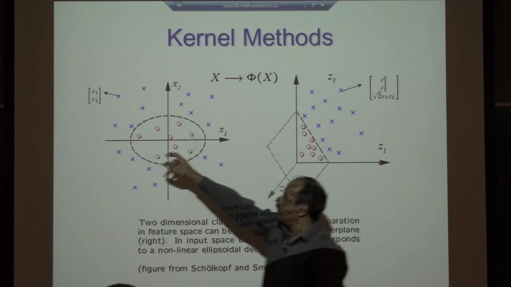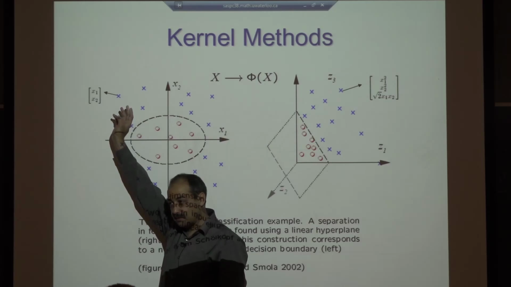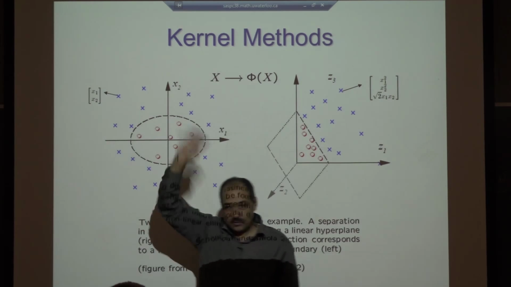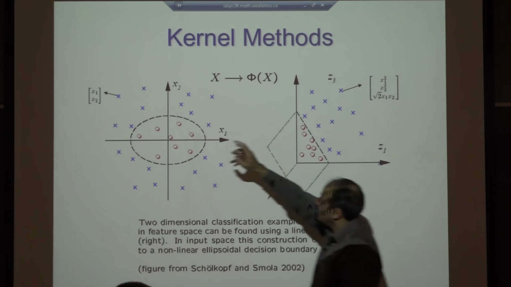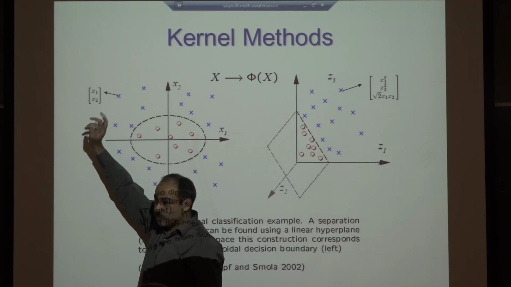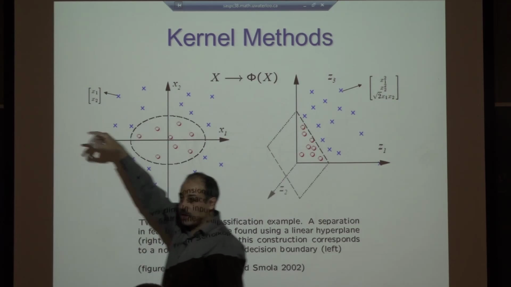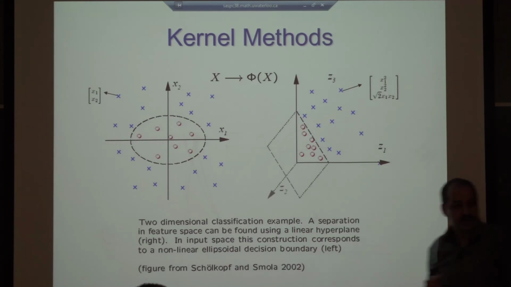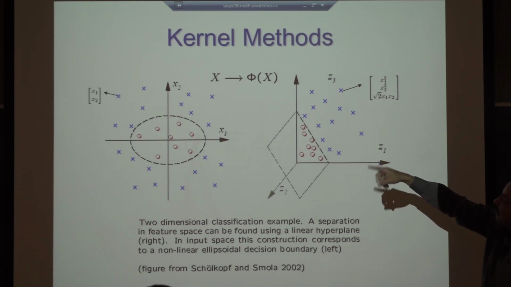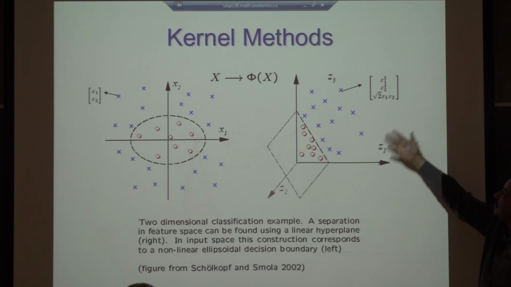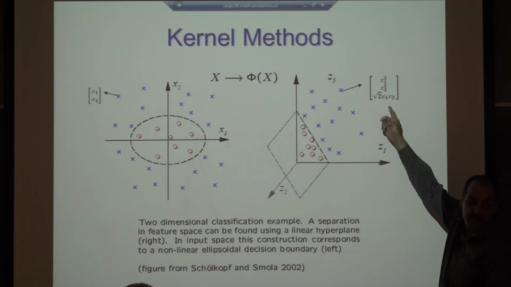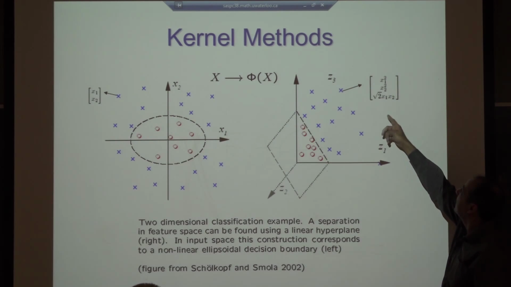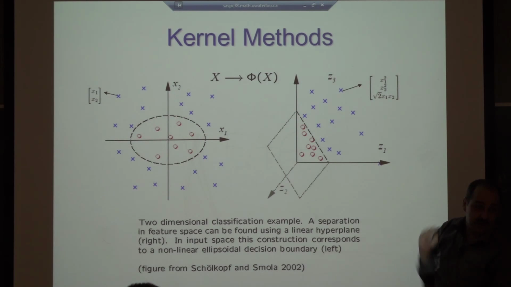I take the first coordinate squared, the second coordinate squared, and the third coordinate would be the square root of 2 times x1 times x2. So basically, using this phi, I map anything from two-dimensional space to three-dimensional space. So any two-dimensional point would be a three-dimensional point of this form: x1 squared, x2 squared, and then the square root of 2 times x1 times x2.